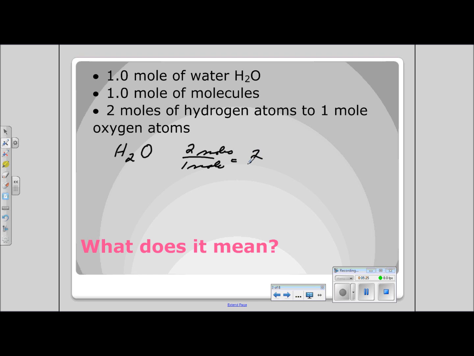Therefore, a 2-to-1 ratio, which is the same ratio that the chemical formula has, H2O. Now, if you're given a different number of moles, could you calculate this formula? Sure, as long as the ratio is 2 to 1, we will have the formula shown as H2O. That's exactly what we're going to try to do.